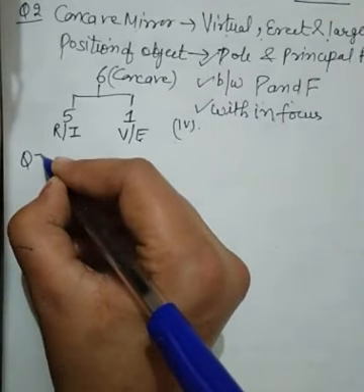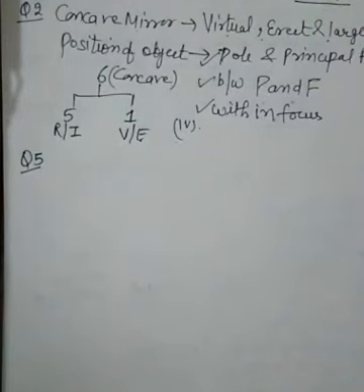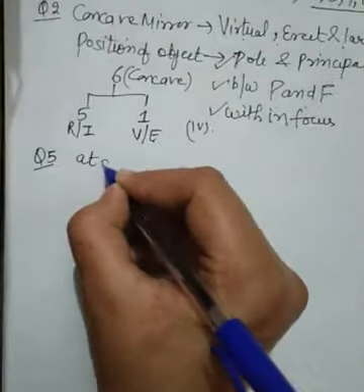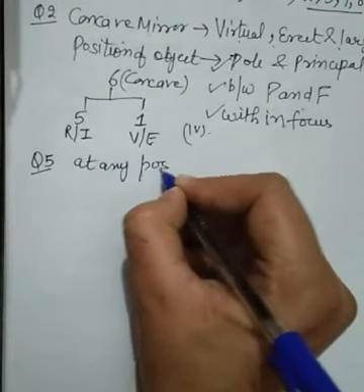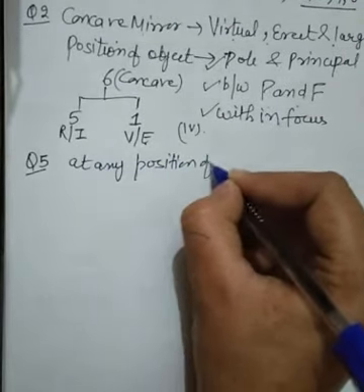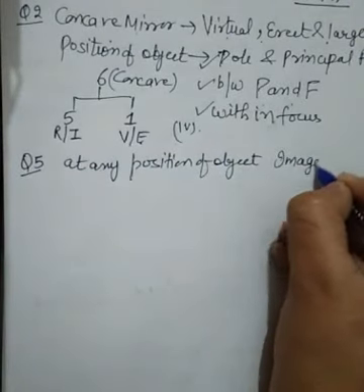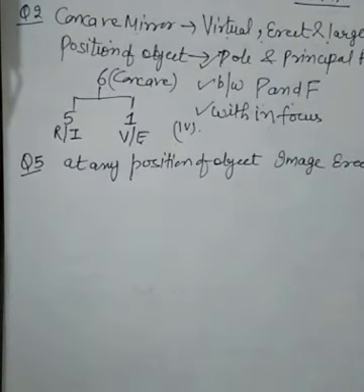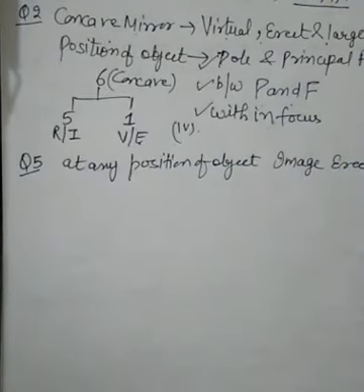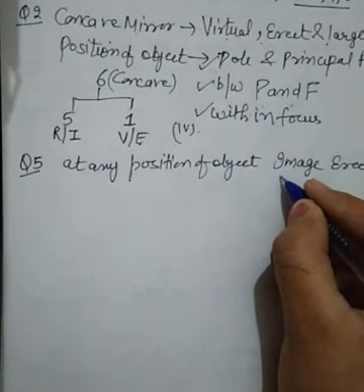Now question number 5. What is the statement of question number 5? That no matter how far you stand from a spherical mirror, the image is always erect. It means at any position of the object, if the image is erect, then what will be the nature of the mirror?